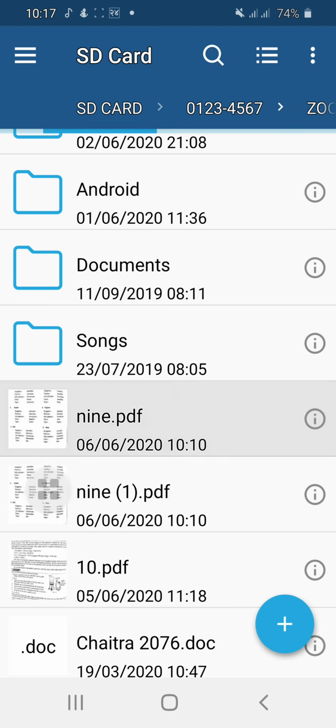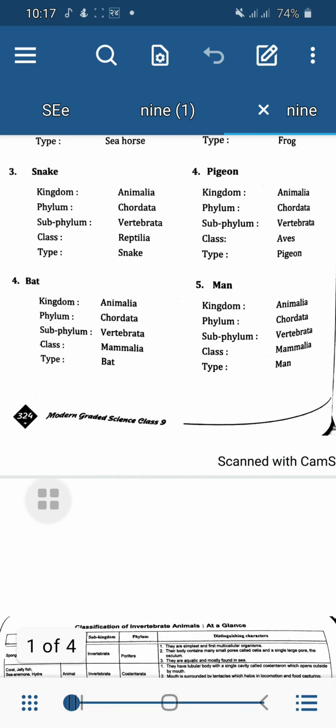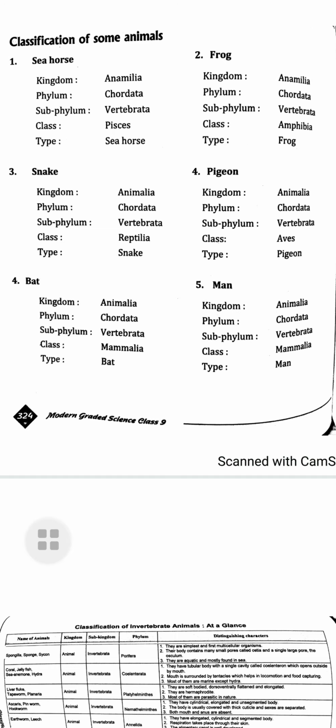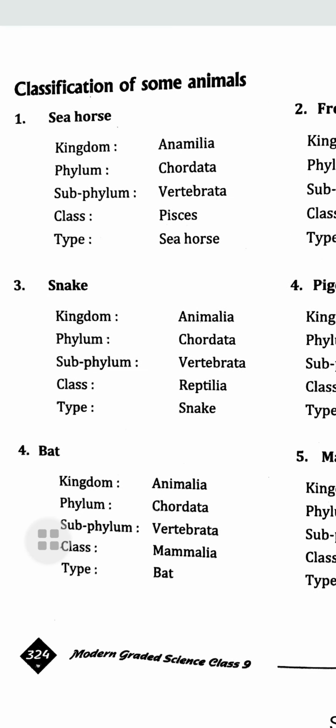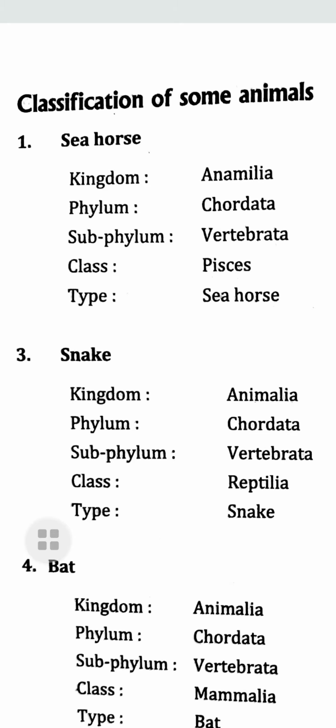So, dear class 9 students, in today's class, I'm going to guide you about classification of some animals. Any idea?